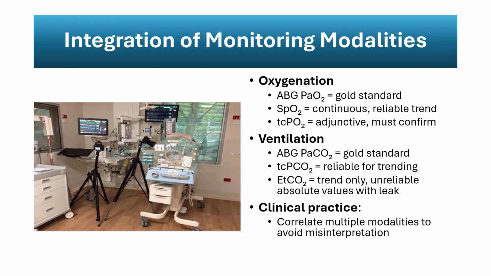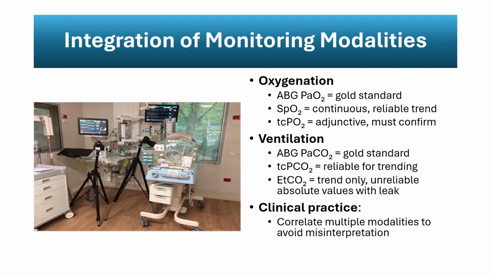Pulse oximetry provides continuous trend data but cannot detect hyperoxemia once saturation reaches 100%. Transcutaneous oxygen monitoring offers continuous values but must be regularly correlated with arterial samples to correct for calibration drift or perfusion changes. For ventilation, arterial carbon dioxide remains the reference standard.